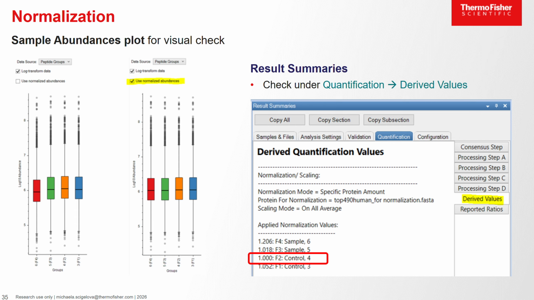A question might arise: what fold change should I still accept for a reliable quantification? And the answer is it depends. It depends on the quantitation method. For instance, with the TMT type of quantitation, you would accept values up to about 2 or 3. So if you are strict, it will be 2.